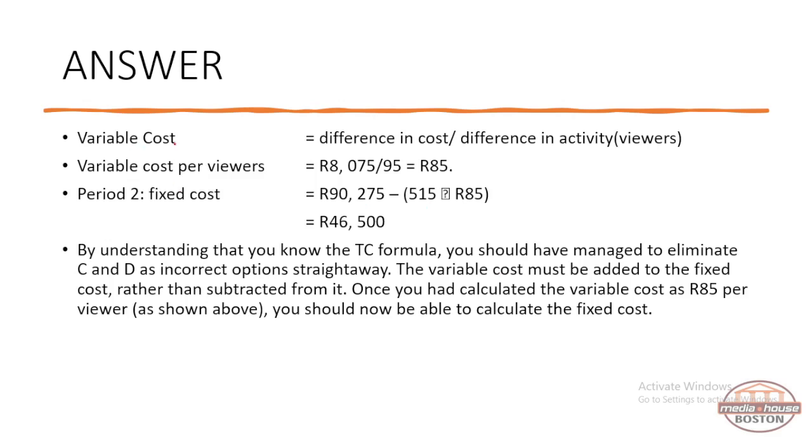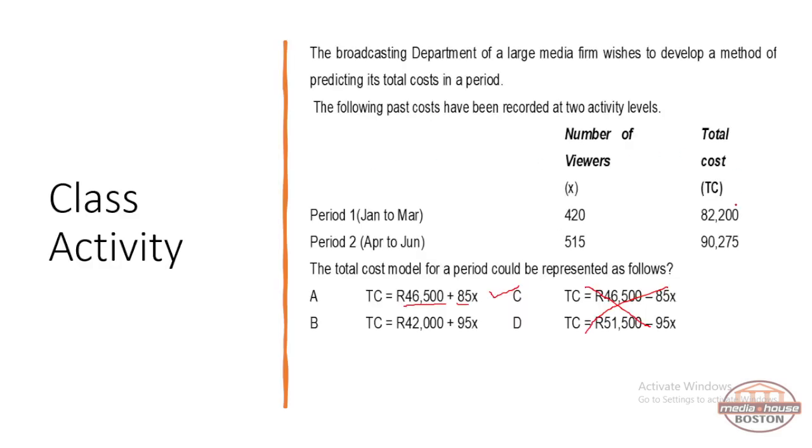Variable cost is the difference in cost over the difference in activity, and the activity will be the viewers. The more viewers we have, the more this cost goes up. So activity will be based on viewers. We're going to calculate the difference in cost, which is 90,275 minus 82,200, and then the difference in the viewers, which is 515 minus 420.